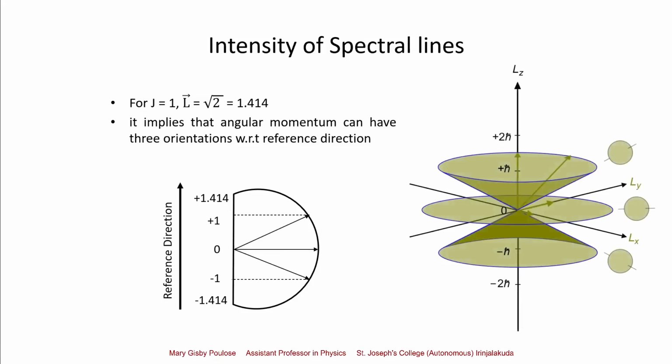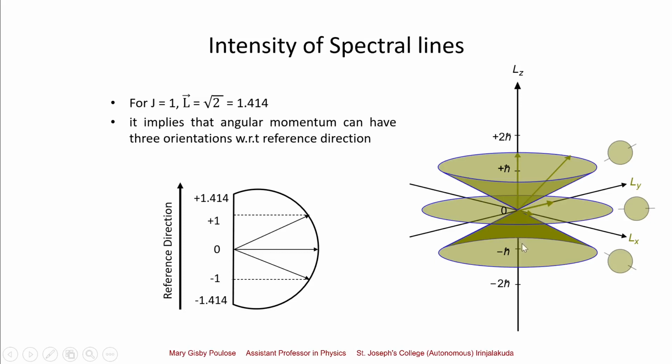The 3 ways in which the molecule can rotate with the same energy are shown here. For L is equal to plus 1, the molecule can rotate along the cone that is facing upwards. For L is equal to 0, the molecule can rotate along this Lx/Ly plane, along the surface of this disk.